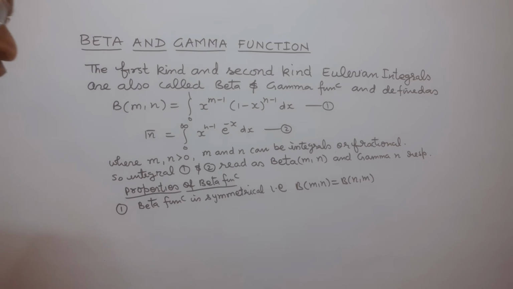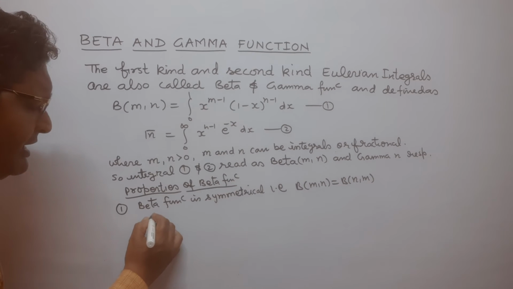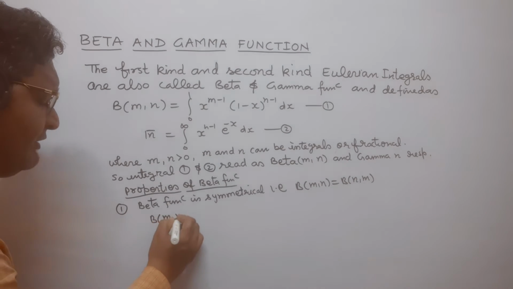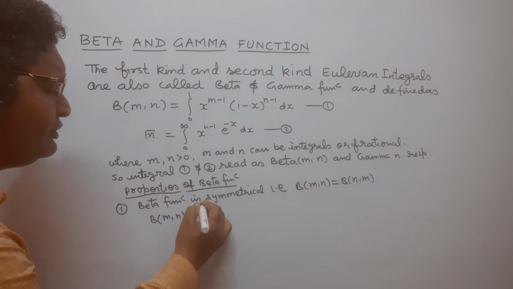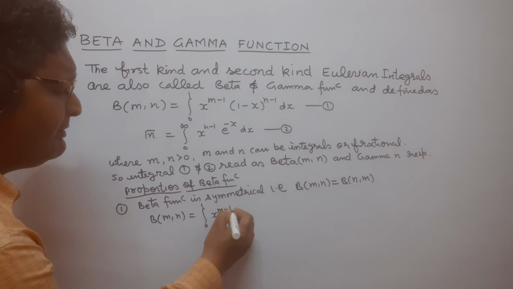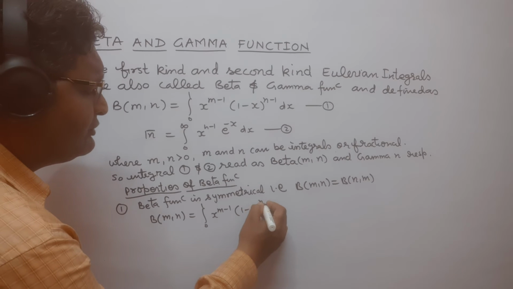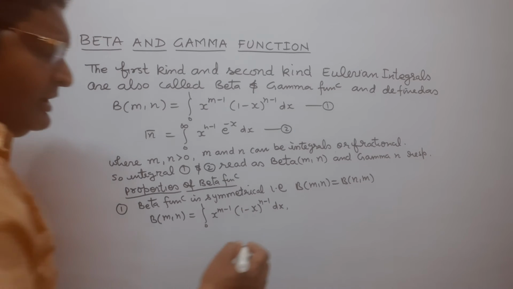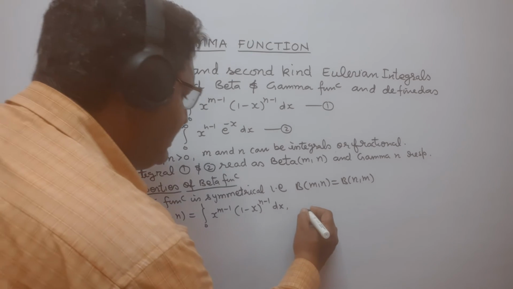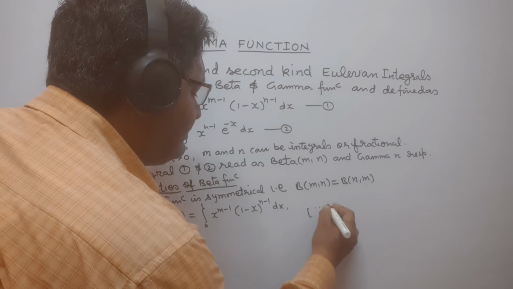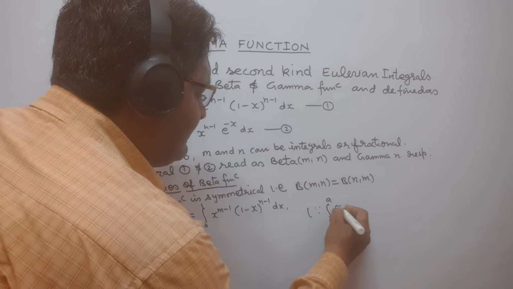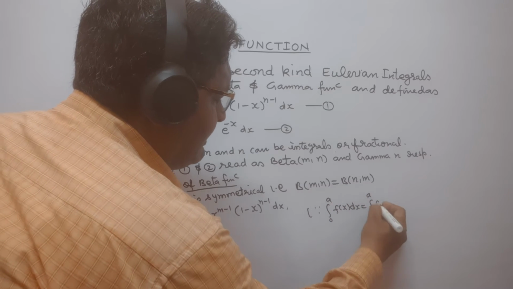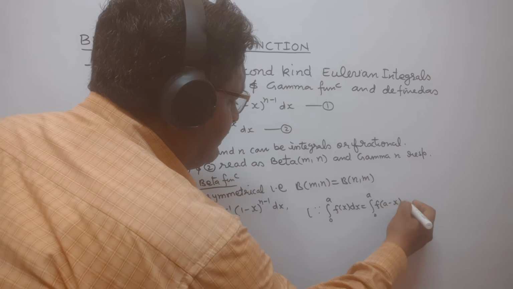So we prove this, beta m, n is equal to beta n, m. So beta m, n, we know that this is equal to integral 0 to 1 x to the power m minus 1 and (1 minus x) to the power n minus 1 dx. From the property of definite integral, we know that integral 0 to a f(x) dx is equal to integral 0 to a f(a minus x) dx.